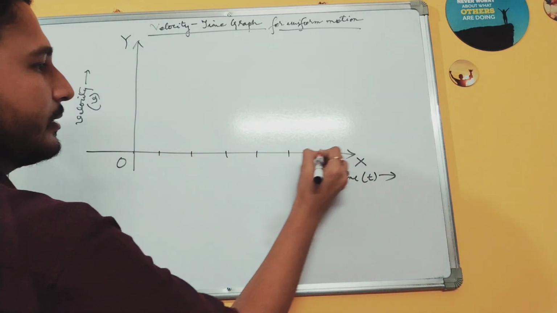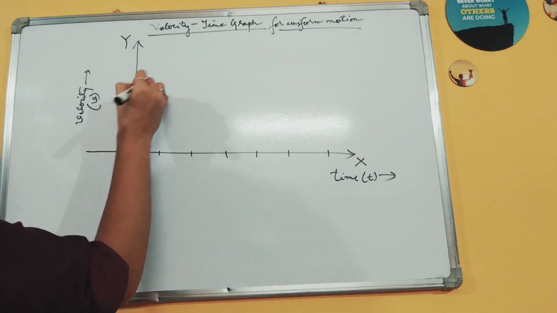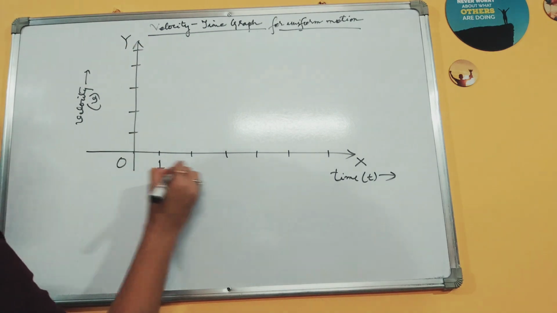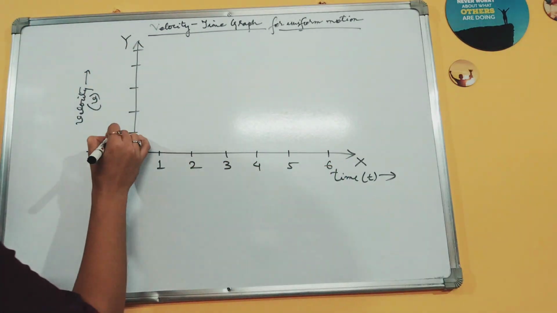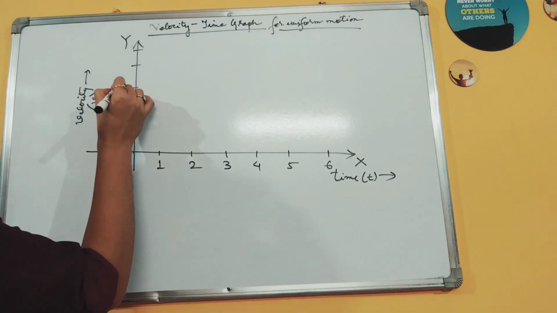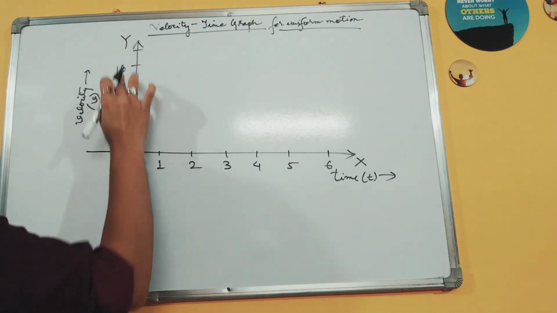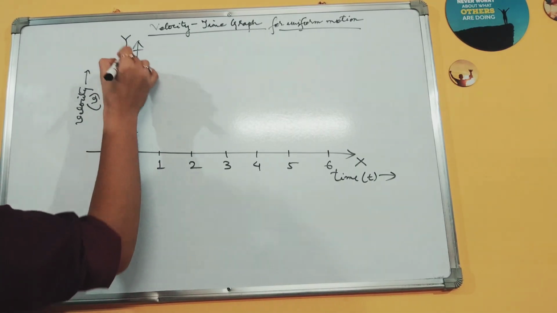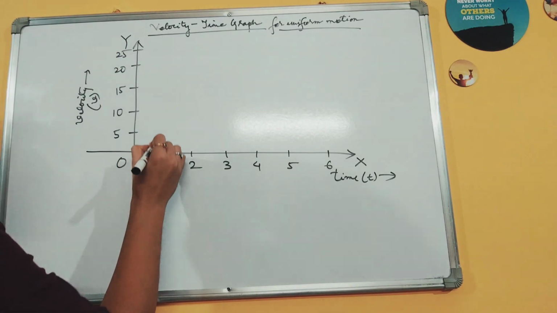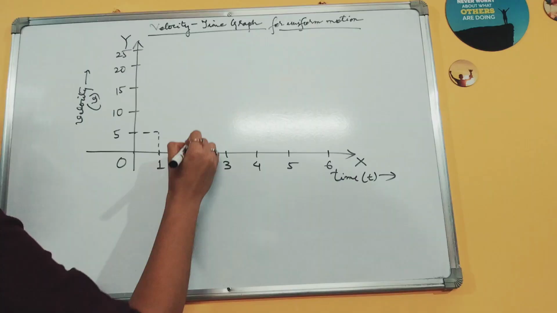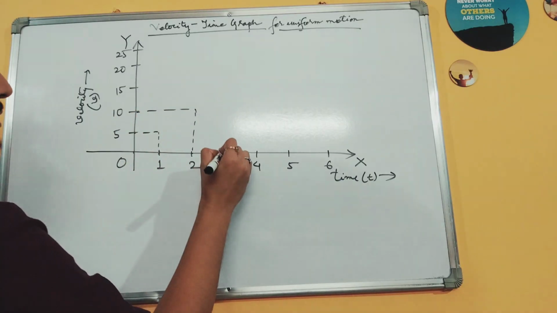Put like that. Like that. That is 1, 2, 3, 4, 5, 6. 5, 10, 15, 20, 25. Okay. So like that. If you join it, uniform है ना, अच्छे से जा रहा है मतलब पूरा, no issue.